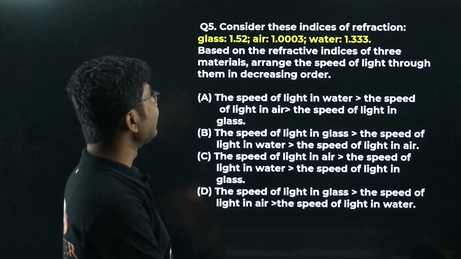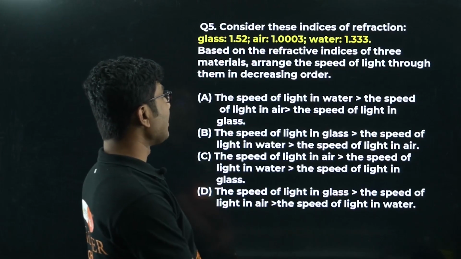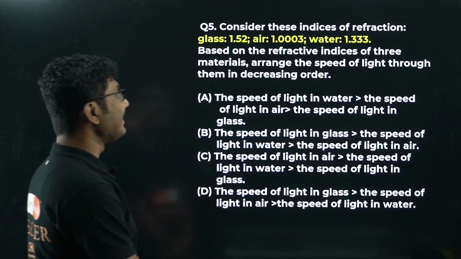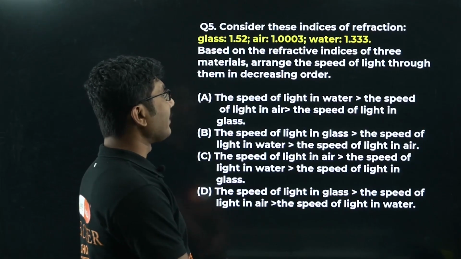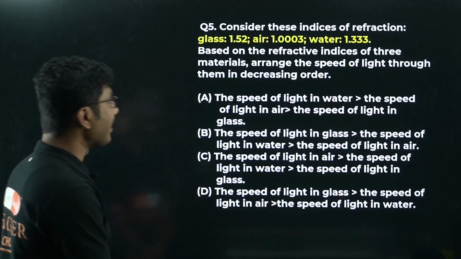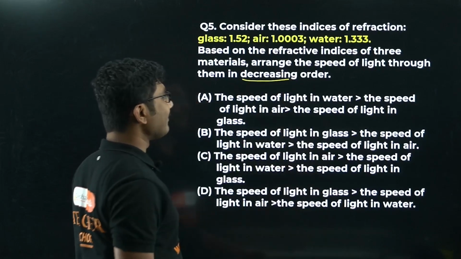Consider these indices of refraction. Glass is 1.5, air is 1.0003, water is 1.333. Based on the refractive indices of the three materials, arrange the speed of light through them in decreasing order. So decreasing order is very important.